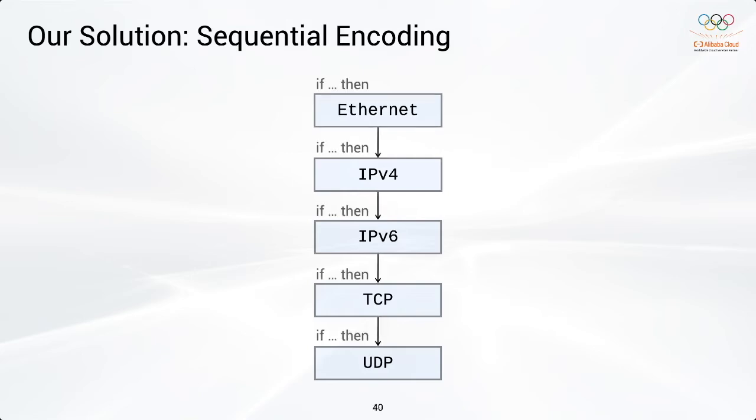Each state can be visited once or not visited, depending on previous states in the sequence. For example, whether to visit TCP state depends on the protocol number from IPv4 or IPv6 state. Whether to visit the IPv4 state further depends on the Ethernet type from Ethernet state.